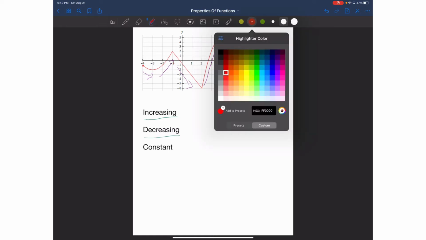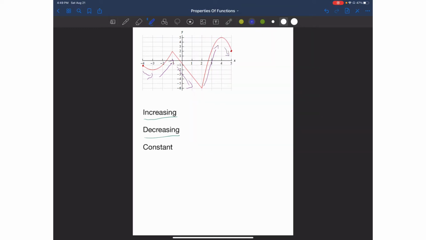So let's do blue for increasing. So again, I can see that my graph is going up here, and then my graph starts going up here, and then it stops. So looking at my graph that's highlighted, it started increasing at x equals -3 first, and then it stopped at x equals -1.